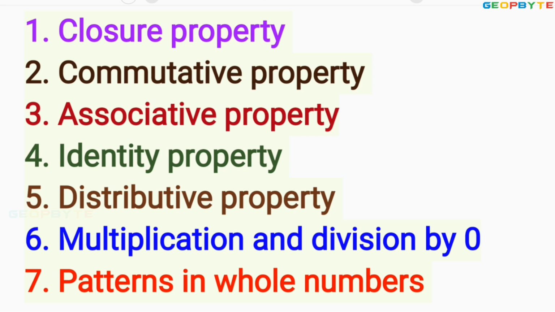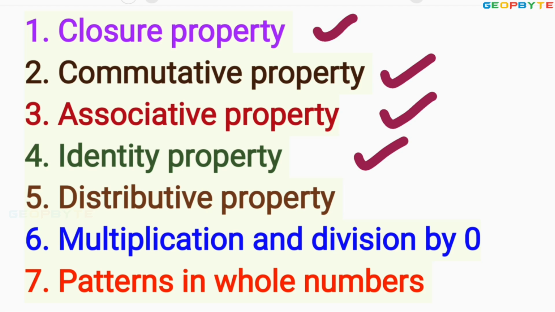have a look on the screen. The very first property is closure property. Second one, commutative property. Third one, associative property. Fourth one, identity property.